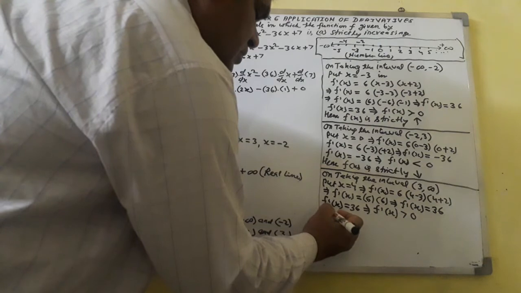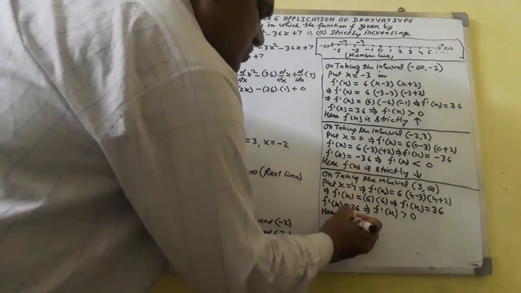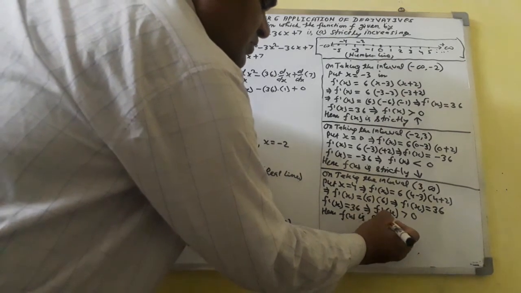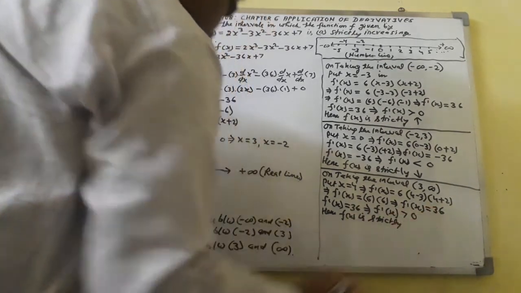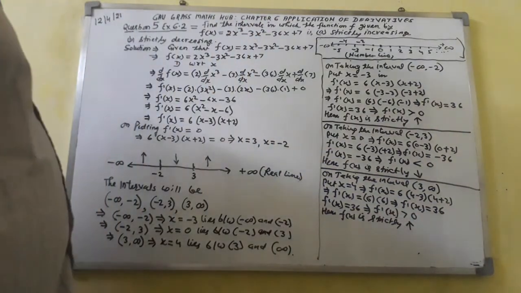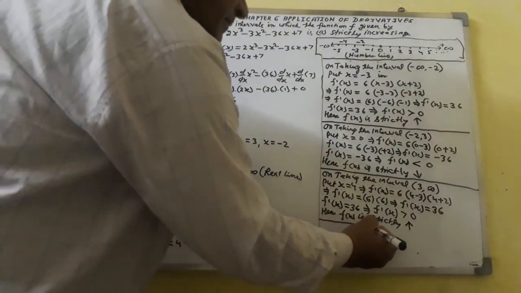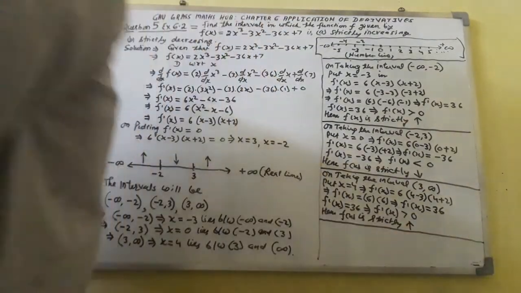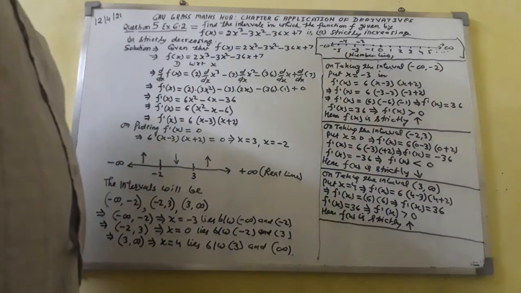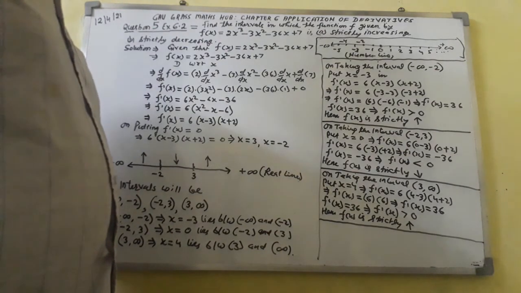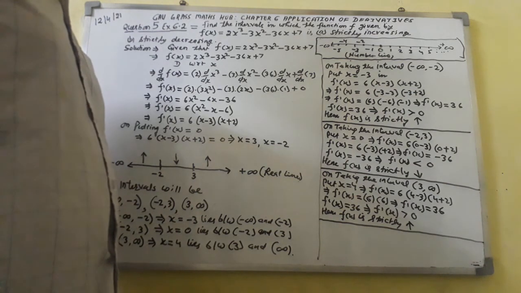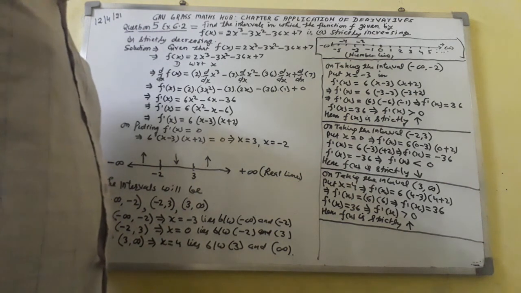Hence, f of x is strictly increasing. On the 3 intervals, I have shown the status of f of x, whether strictly increasing or strictly decreasing.